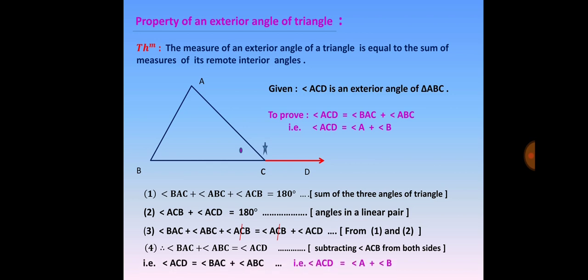Therefore angle ACD is equal to angle BAC plus angle ABC. Also we can write it this way: angle ACD is equal to BAC, meaning angle A, plus ABC, meaning angle B. That is, we have proved that the measure of an exterior angle of a triangle is equal to the sum of the measures of its remote interior angles.